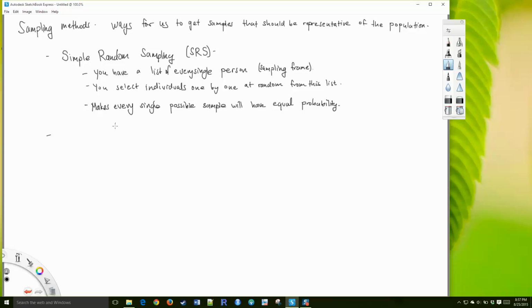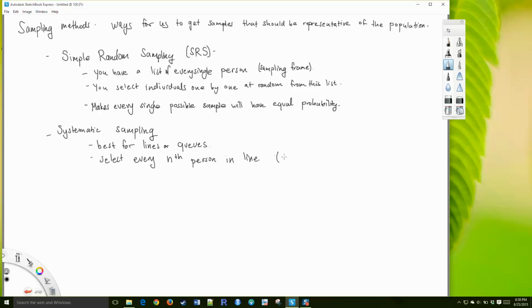Is that okay? We have systematic sampling. This is best for lines or queues. And what you do is you select every nth person in line.